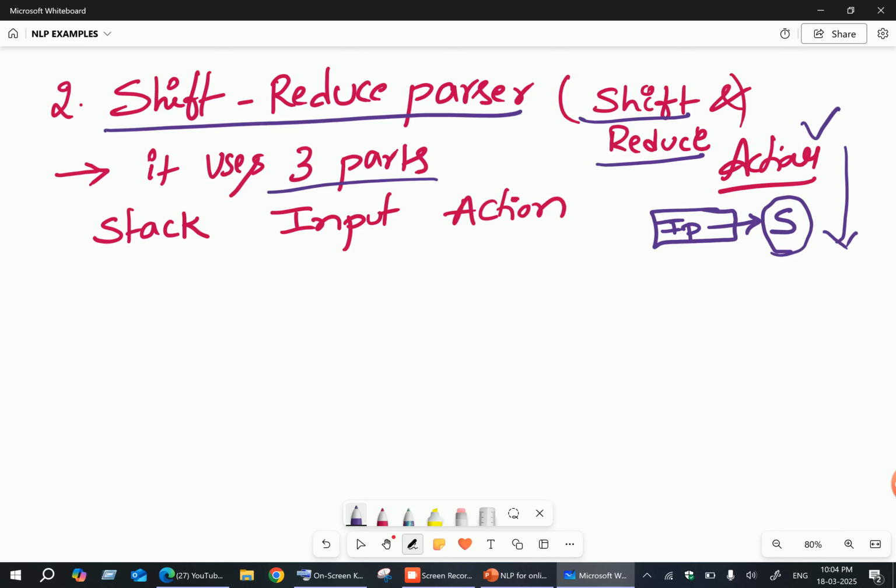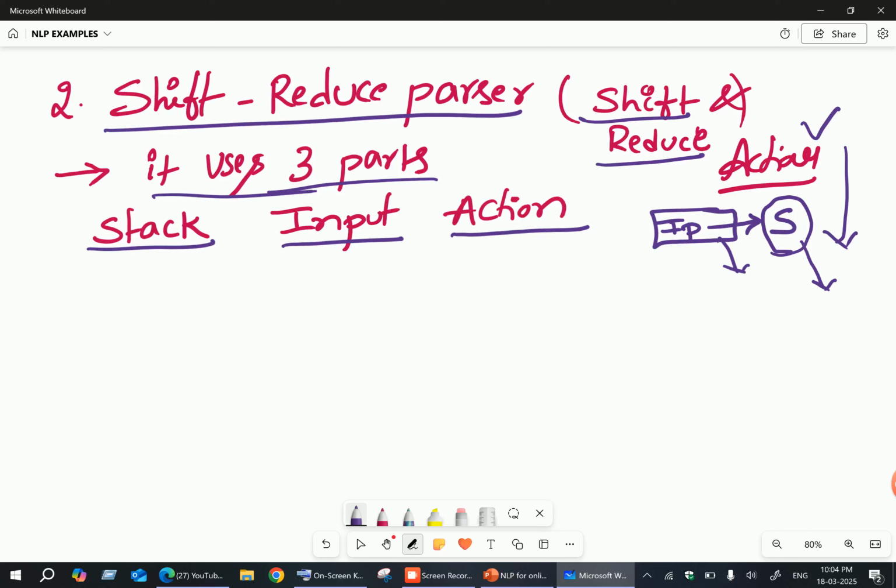By applying these actions on the given input string, our input string will reduce to the start symbol. Here it uses three portions. What are the three parts it will use? Stack, input tape, and which action it is performing on the input.